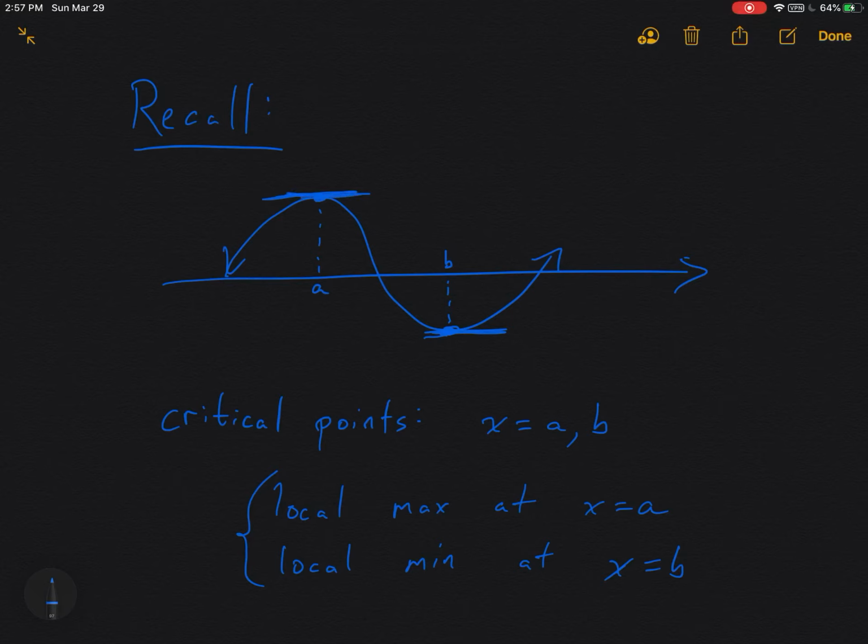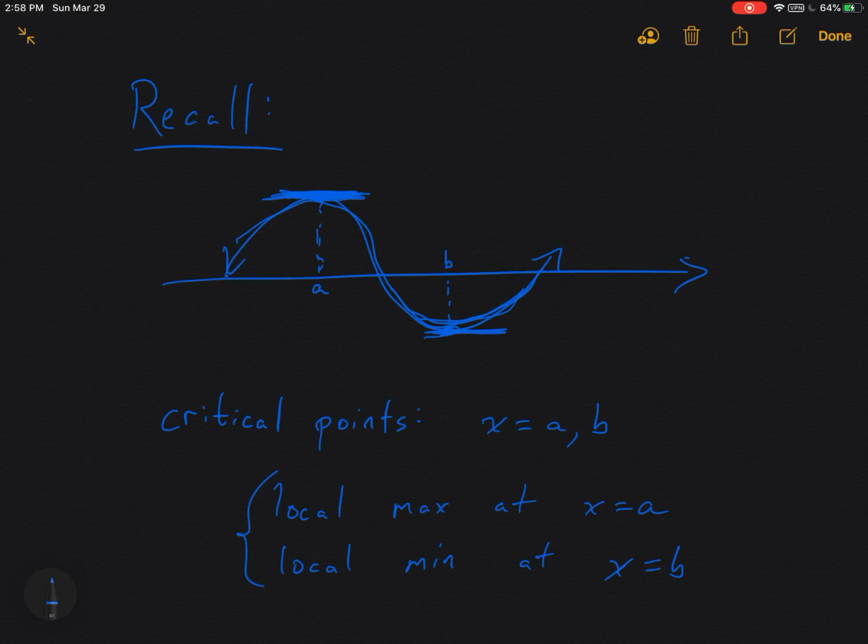Notice that if I look up here at this peak, this is the largest y value that's attainable anywhere on the function that I've drawn so far. So I might want to maximize this function. Maybe this function represents something like revenue. If I wanted to maximize that, then I would want to be sitting here at x equals a.